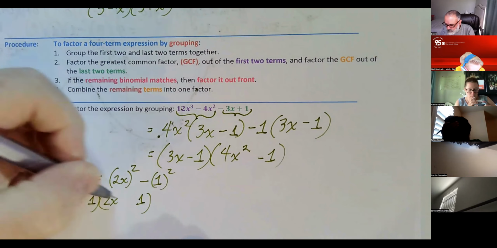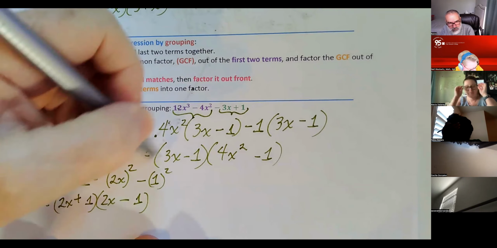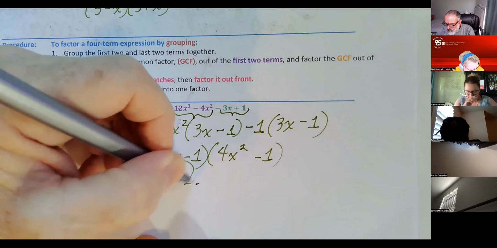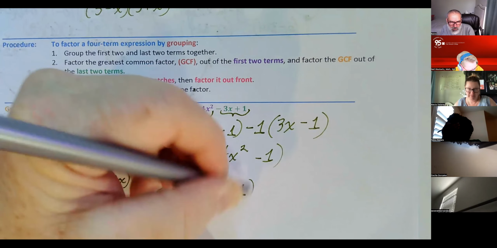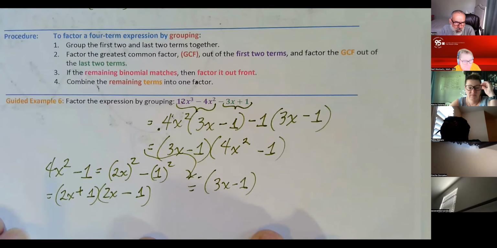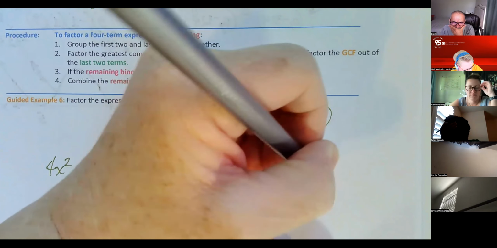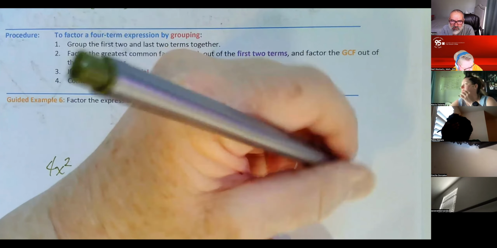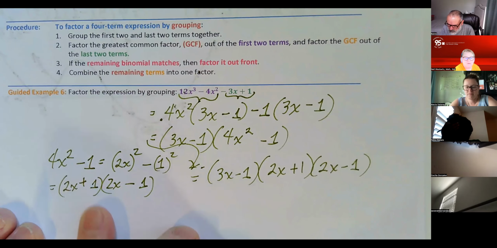And then I put a plus in one and a minus in the other. So I'm going to come back over here and write it in. So we were able to continue factoring the 4x squared minus 1 into 2x plus 1, 2x minus 1, using the difference of two squares.